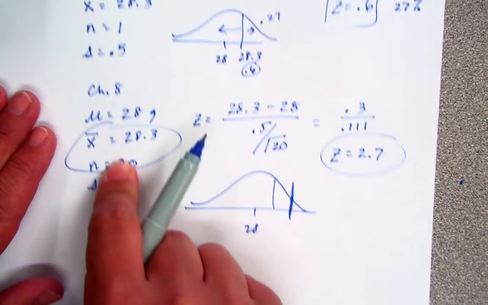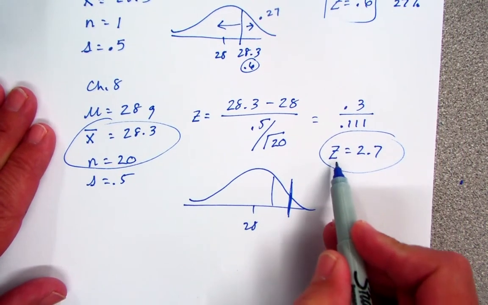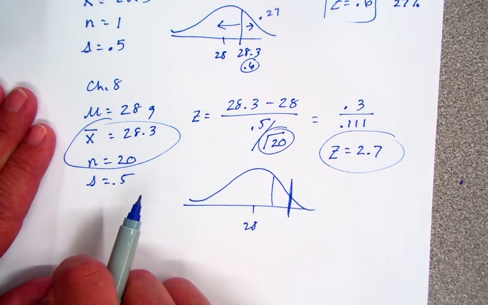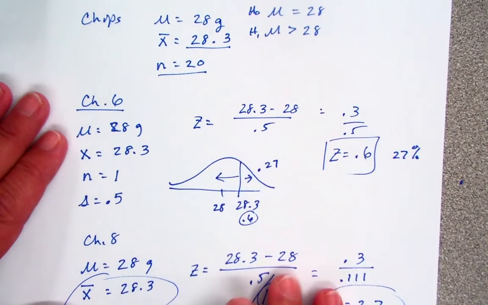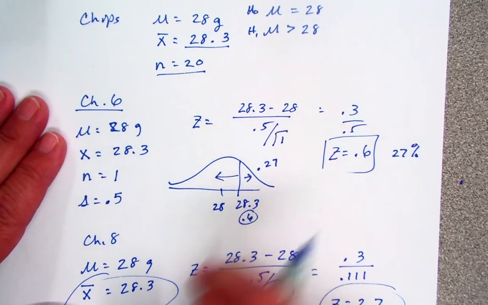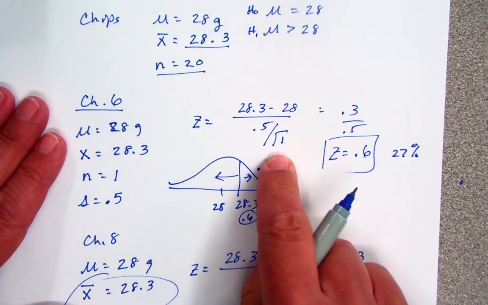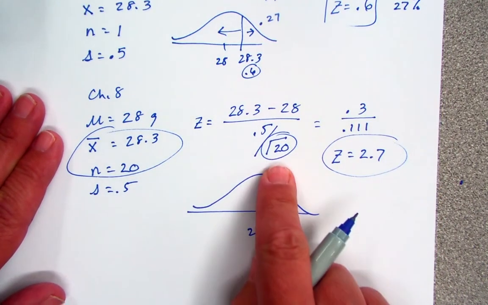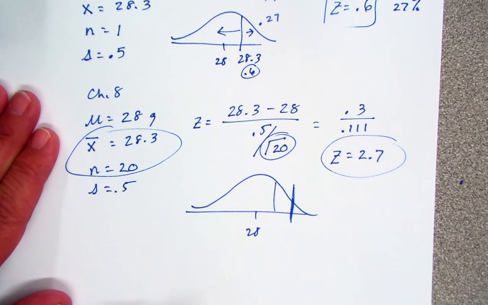Much more evidence. So my z-score has to change in relation to the number that I'm looking at. Up here I looked at 1, and if you wanted to, you're really doing the same formula because the square root of 1 is 1. Not much evidence with 1, but lots of evidence with 20 that they are weighing more.